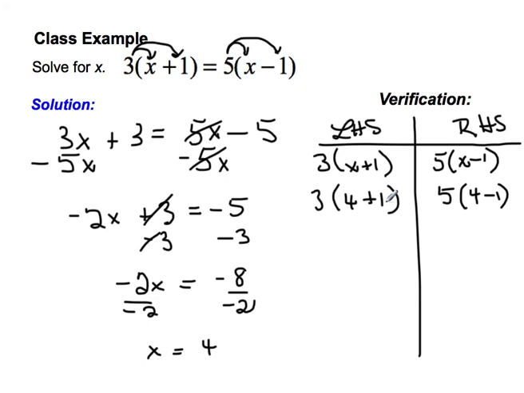You do your order of operations, so brackets come first. You get 3 times 5 here, which is 15, and here you get 5 times 3, which is equal to 15. So I know my answer of 4 is correct because my left-hand side equals the right-hand side.